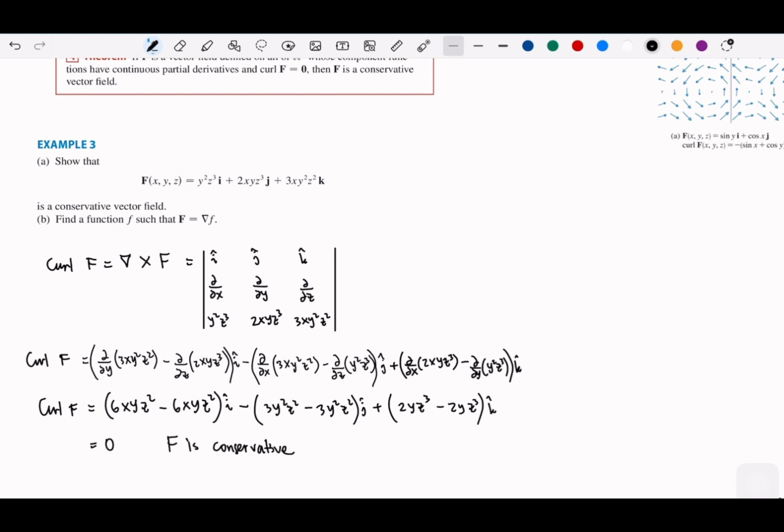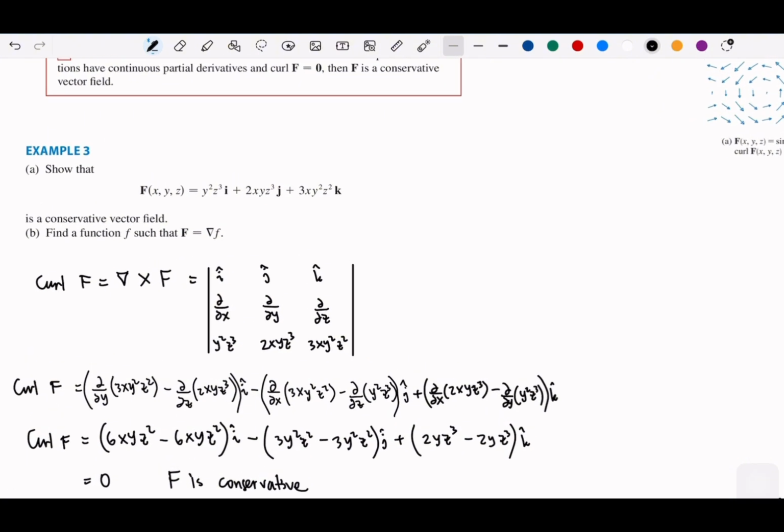The second part of the question is the same as the previous one, the line integrals, or finding the independence of the path. So if we want to find the potential function f, then we could write partial integrations.